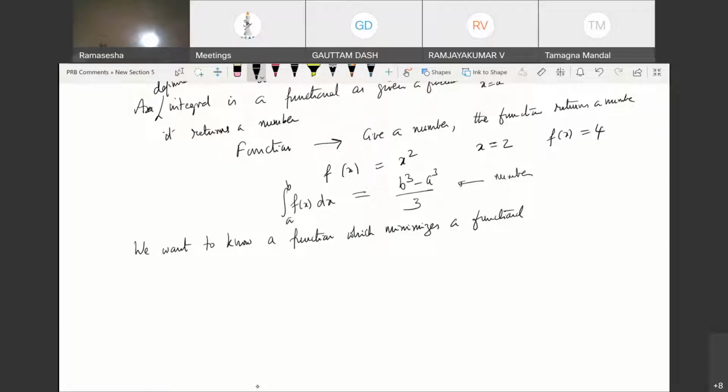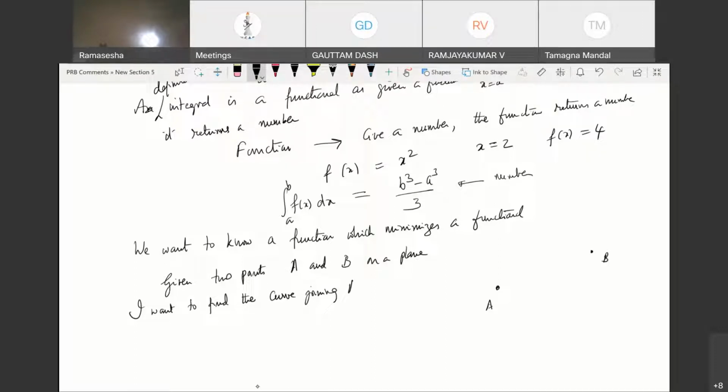Given 2 points A and B on a plane, I want to find the curve joining A and B which has minimum length.